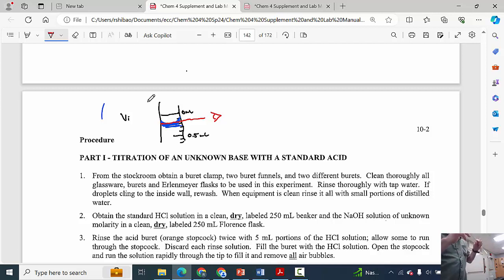Okay, once I rinse this with water, how am I going to dry it? Is it possible? No, it's not possible to dry. And since it's not possible to dry, what I'm going to do is this. I don't want to change the composition.